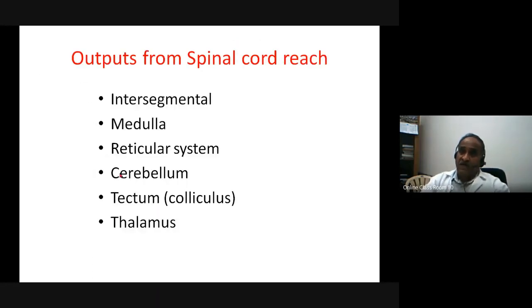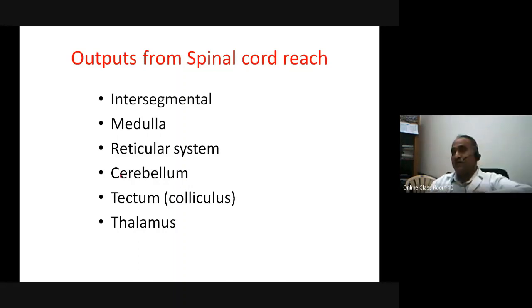Now, just looking at the various areas the outputs from the spinal cord reach. I have already mentioned the various areas here, the suprasegmental or infrasegmental.